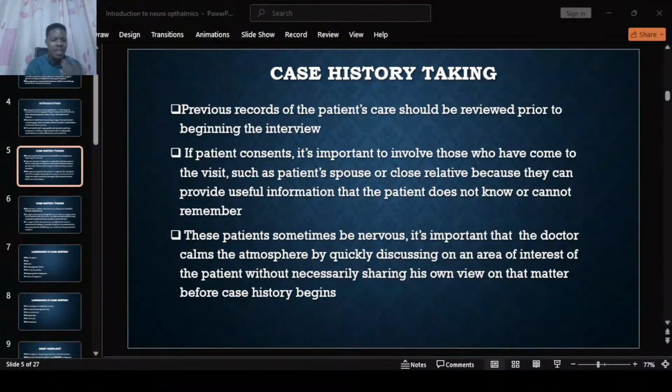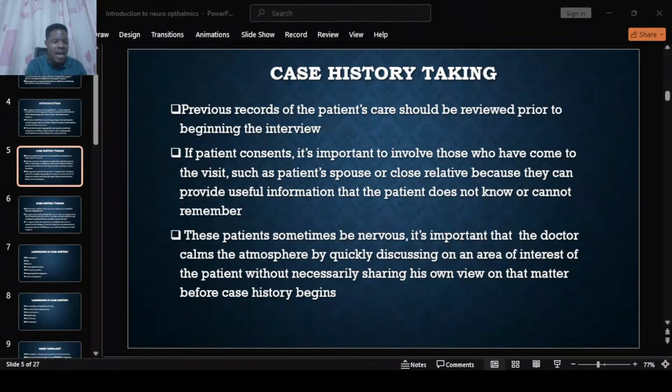For instance, a patient can tell you that their double vision started a week ago, but it actually started 2 years ago. Because they probably have dementia or some cognitive issues, they cannot give you detailed information. This is why, if the patient consents, we also want to hear from those close to them, who live with them and who see them carry out their daily activities. It is also a silent point.